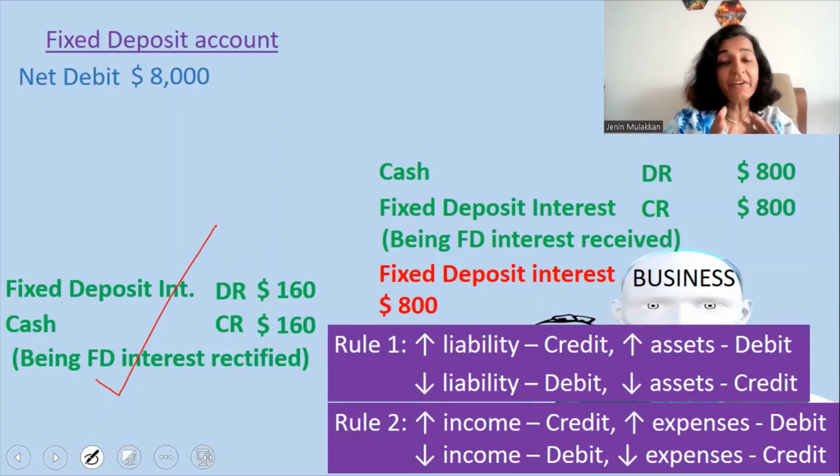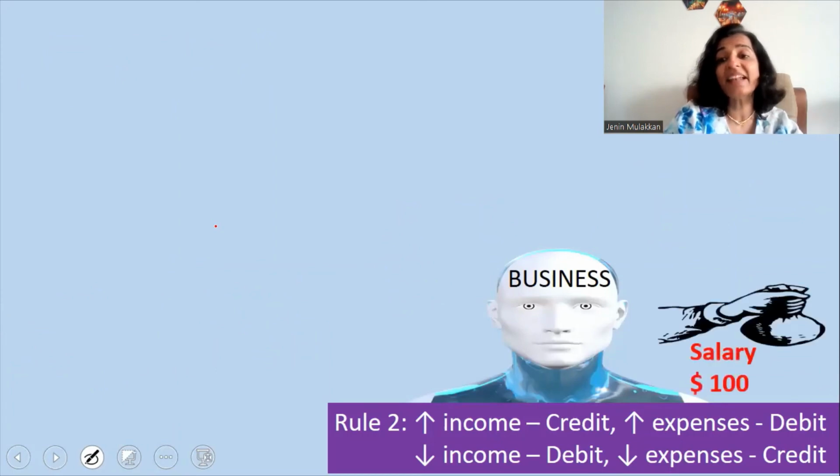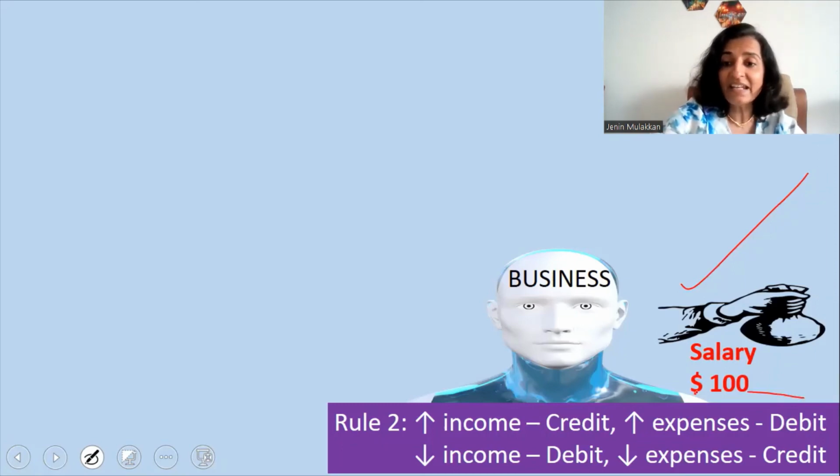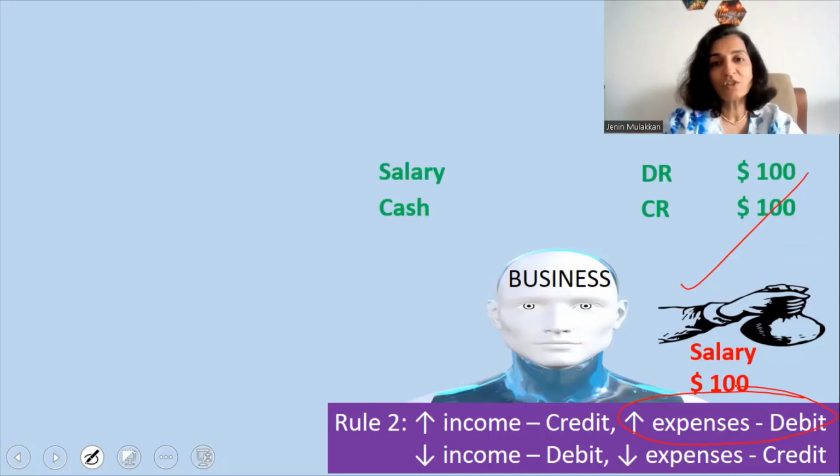Now let's see the entry that is to be passed in the books of the business when an expense is being incurred. Say the business is paying a salary of $100 to the accountant. So how will the entry be? Salary, we know it is an expense, and any increase in expenses has to be debited. So definitely salary account has to be debited with $100 because salary is an expense account.